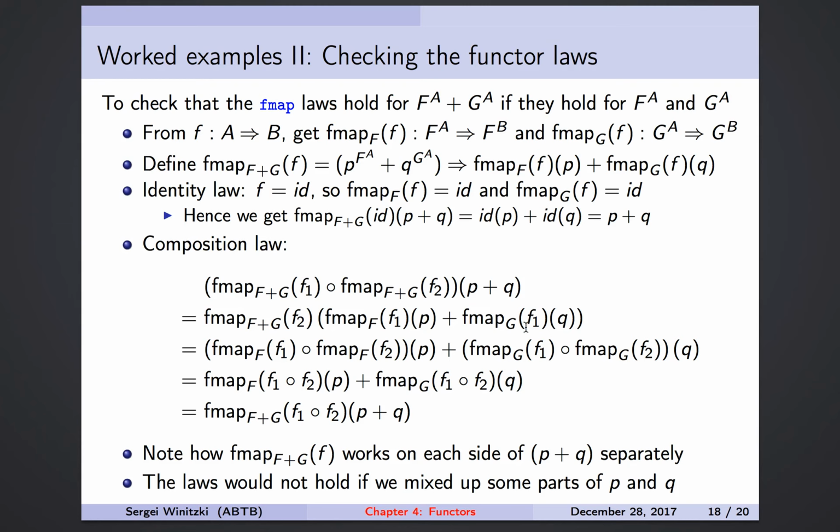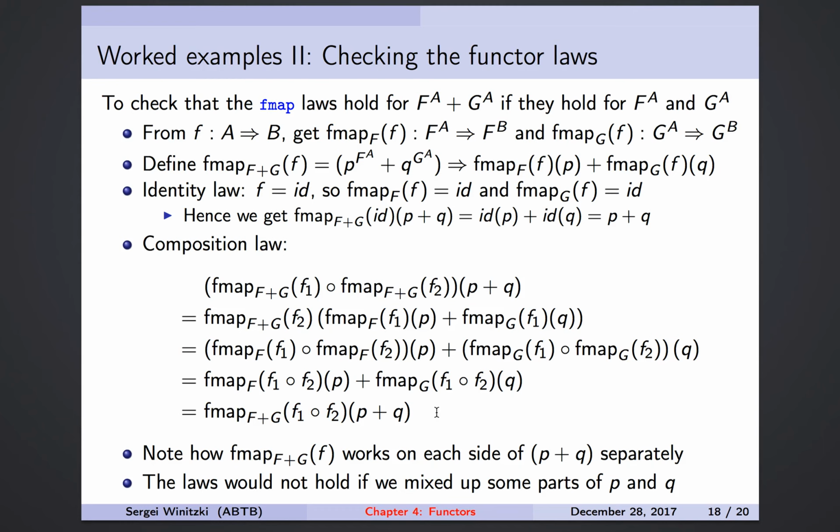When we apply f1, then we have this, which is the definition of our Fmap F plus G. Then we apply that, and that gives us the two compositions in the left and in the right. Then we can simplify that using the law for F into this, and using the law of G into that. And that's exactly the same as if we had applied our Fmap F plus G to the composition of functions f1 and f2.